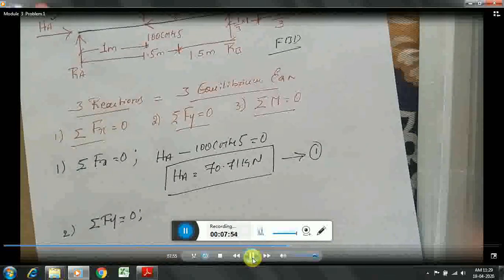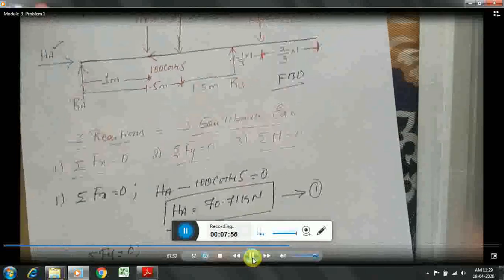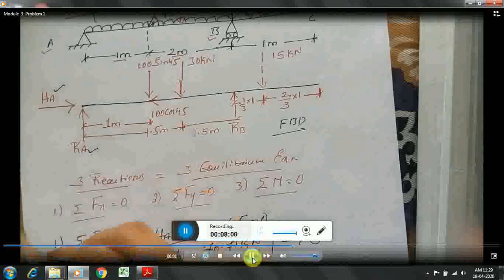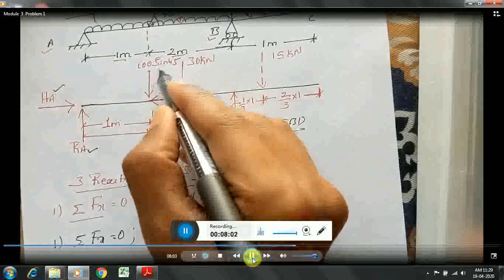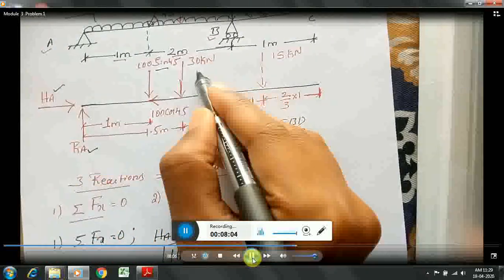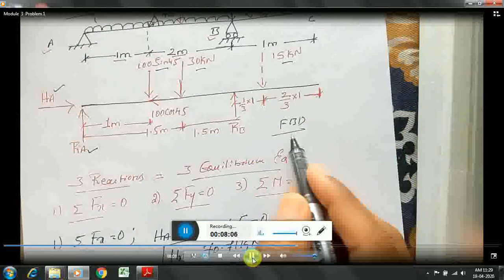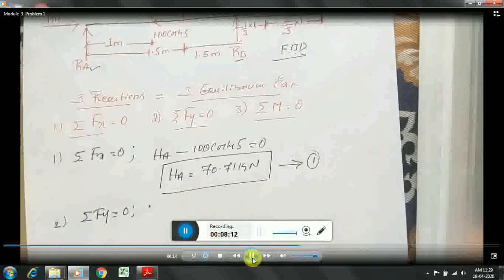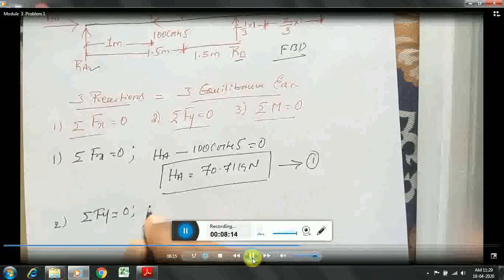Now, what are all the forces acting in the vertical direction in the loading diagram? If you see, one is RA, then 100 sin 45, then it is 30, then it is 15, then it is RB. So I will write this: upward forces are positive and downward forces are negative while calculating Fy.